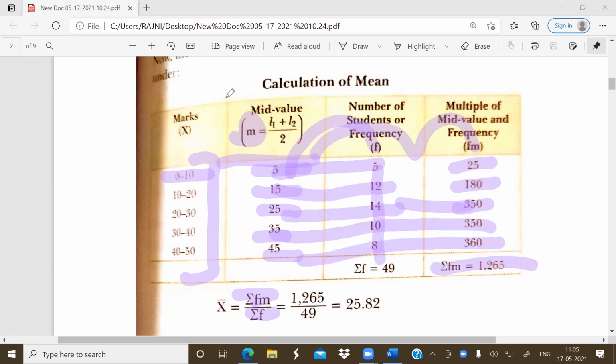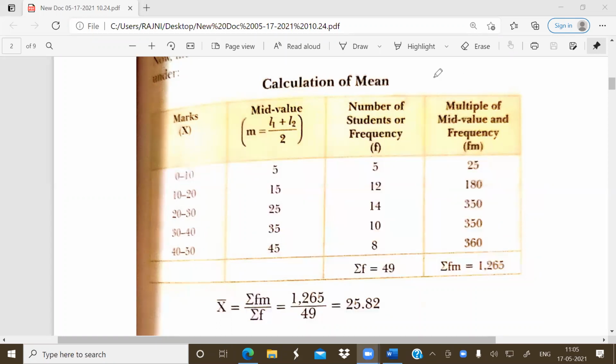Here the sum of fm is 1265, sum of f is 49. So we will put it into the formula. 1265 divided by 49 is equal to 25.28. This is the simple process to calculate the arithmetic mean in the case of the less than cumulative frequency series.